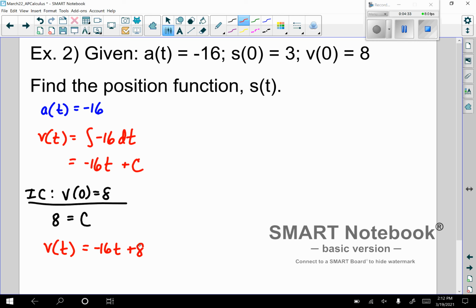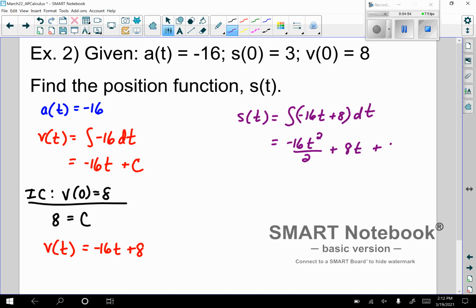Now we'll find our position function. So s of t is equal to the integral of -16t plus 8 dt. So this becomes -16t squared over 2 plus 8t, and we'll say plus d. And we could simplify this to a -8t squared if you didn't already go directly to that.